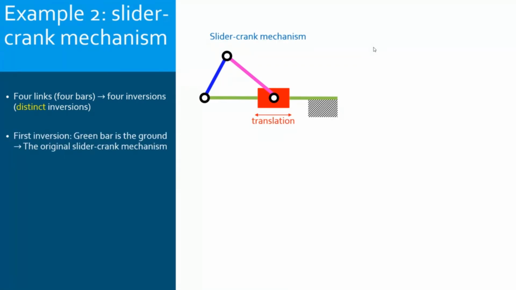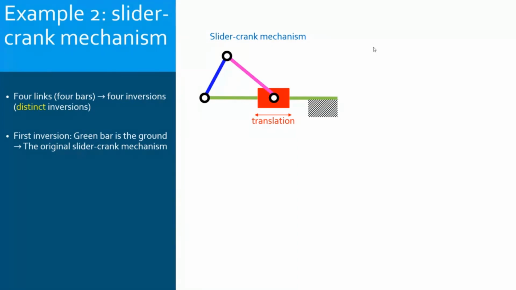So the first one, and this is what we mean mostly when we say slider crank mechanism. This is the original slider crank mechanism. In the slider crank mechanism, the slider is translating along the grounded link.